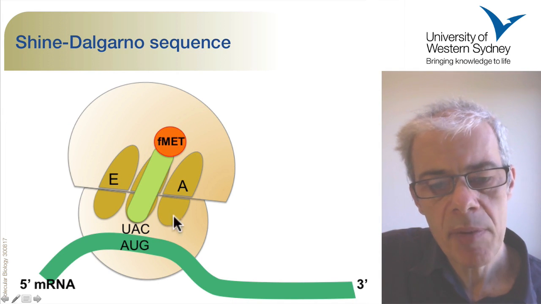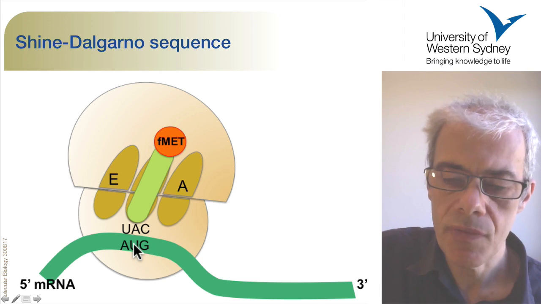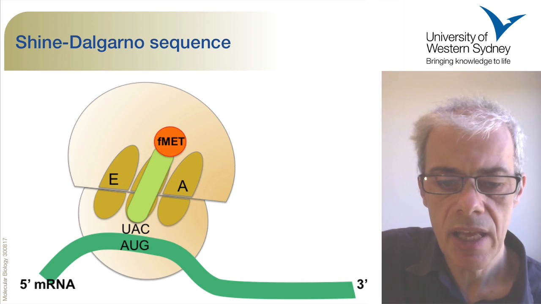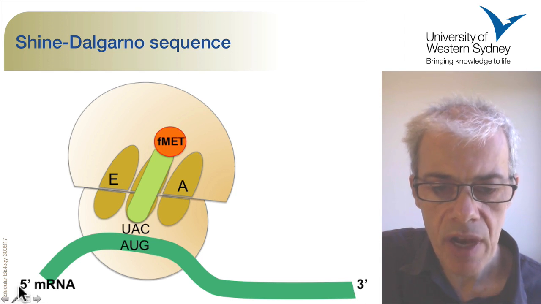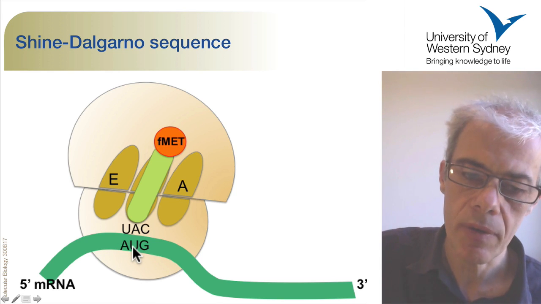So it's probably apparent to you that AUG also codes for methionine, not just the start of initiation. So the cell has to have a way here to distinguish the methionine codon that is actually the initiator codon.